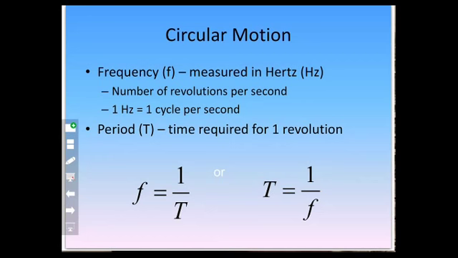If, on the other hand, an object can travel around a circular path in half a second, its period is going to be 0.5 seconds, but in that 1 second it's going to travel around the circle twice, so the frequency is going to be 2 hertz. So our equations are pretty straightforward. The frequency is 1 over the period, and the period is 1 over the frequency.